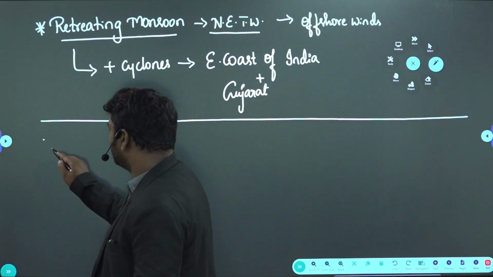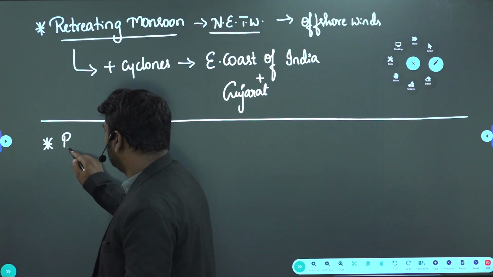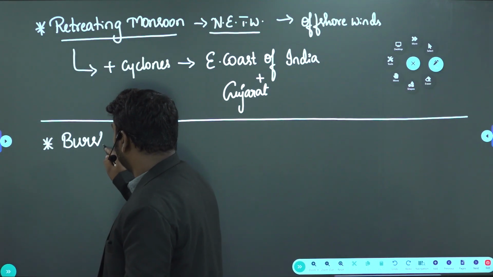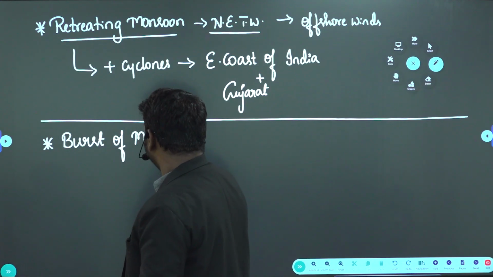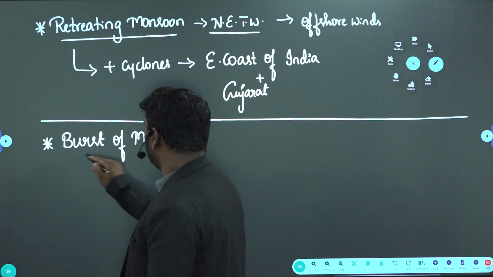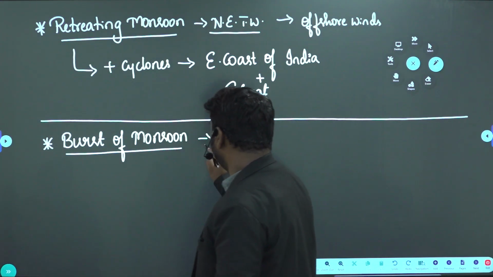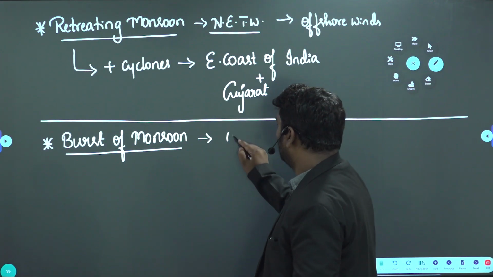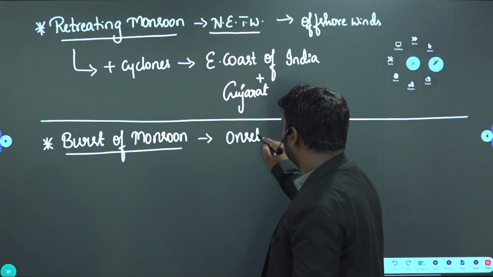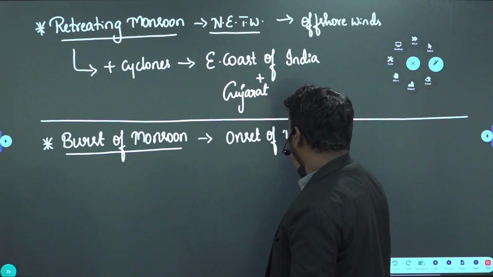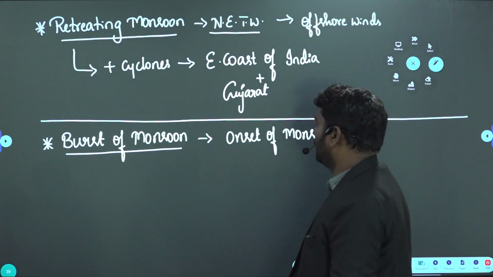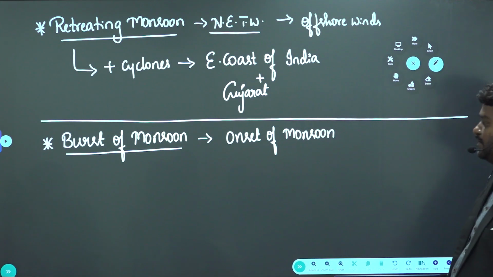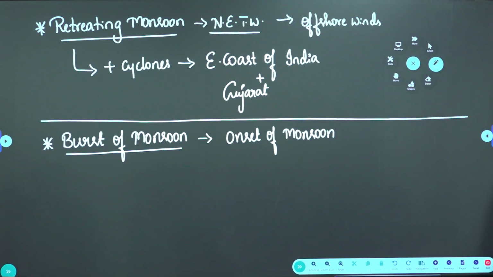Some terms, guys. The meaning of burst of monsoon: it is the onset of monsoon, the beginning of monsoon. This can be seen in Kerala and also in the Great Plains.